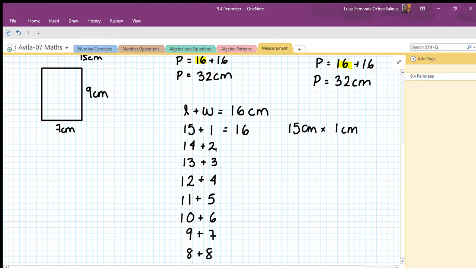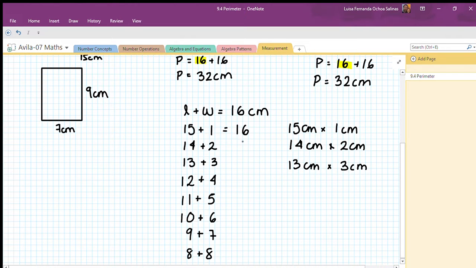Good. So this is not the answer itself, all of these are going to be equal to 16, agree? But the answer that you have to write is 14 centimeters times 2 centimeters, and then 13 centimeters times 3 centimeters, and so forth.